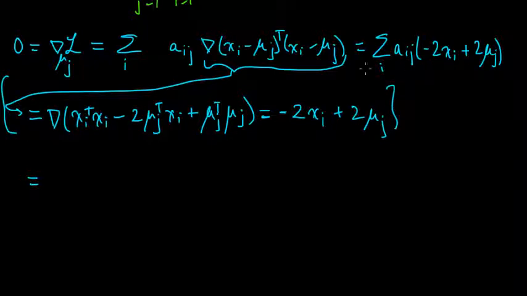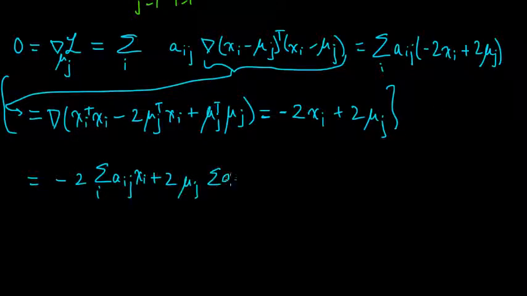Now this equals minus 2 times the sum of a_ij x_i over i, plus 2, and this doesn't depend on i, so we get mu_j times the sum of the a_ij's over i.